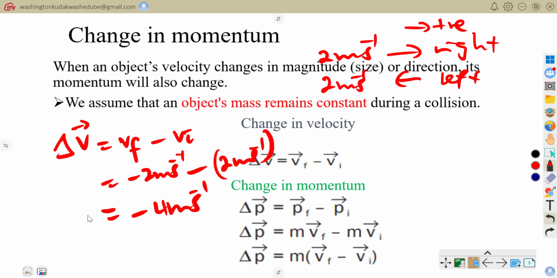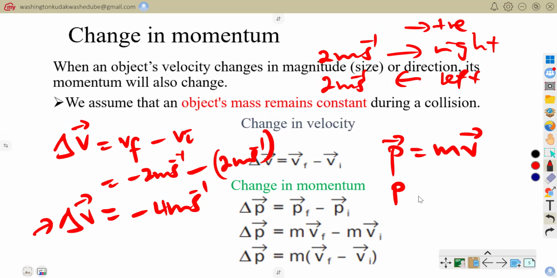Due to this change in velocity, there is going to be a change in momentum. How so? We know that momentum is given by mass times velocity. Initial momentum will be mass times initial velocity, and final momentum would be mass times final velocity.